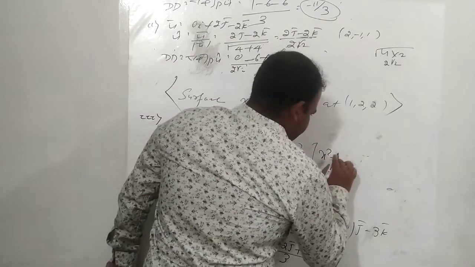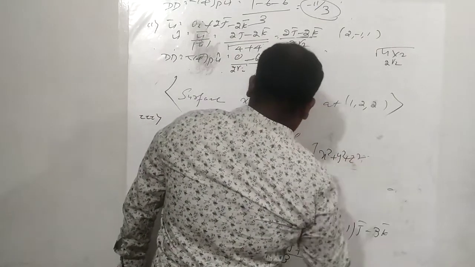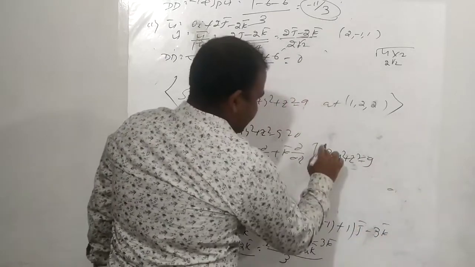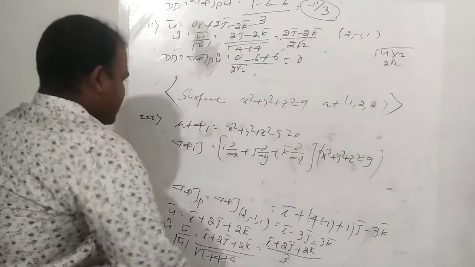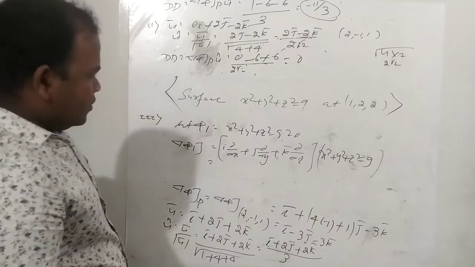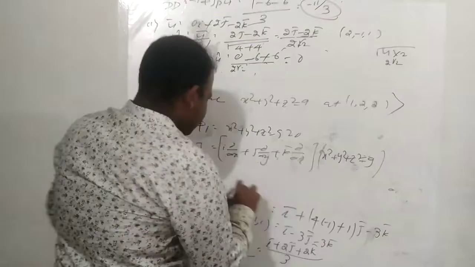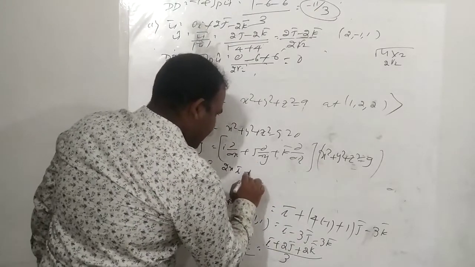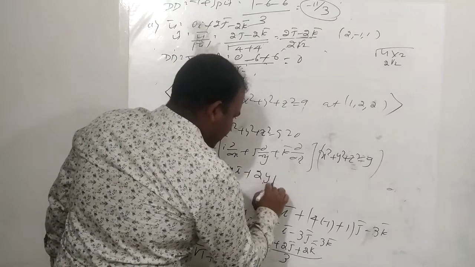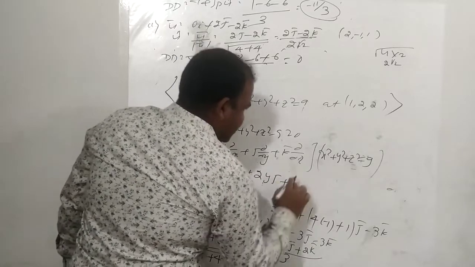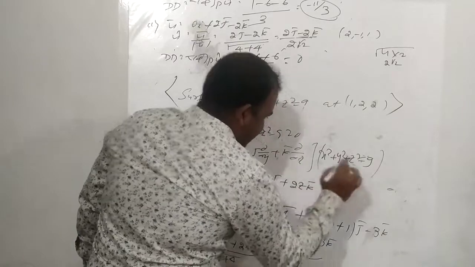Differentiating with respect to x, this is xi plus 2yj plus zk.